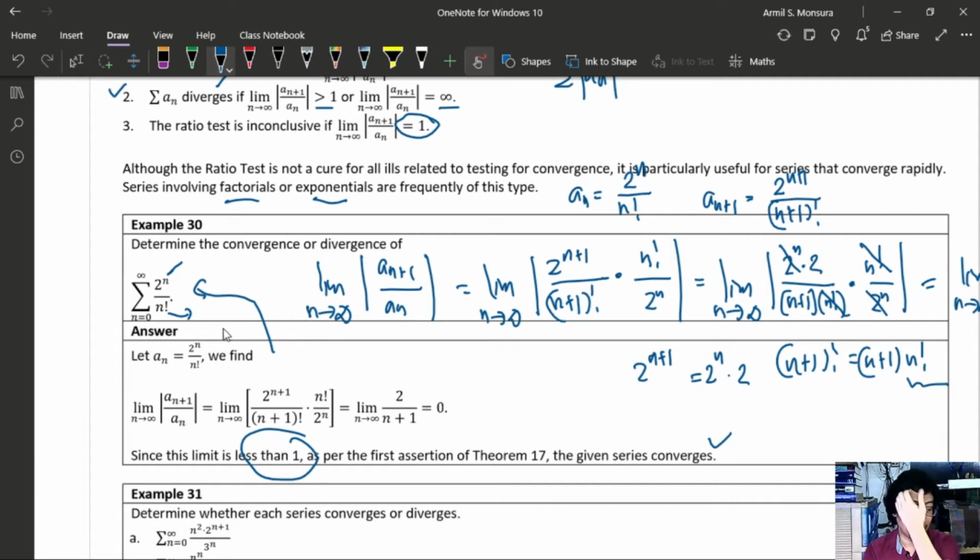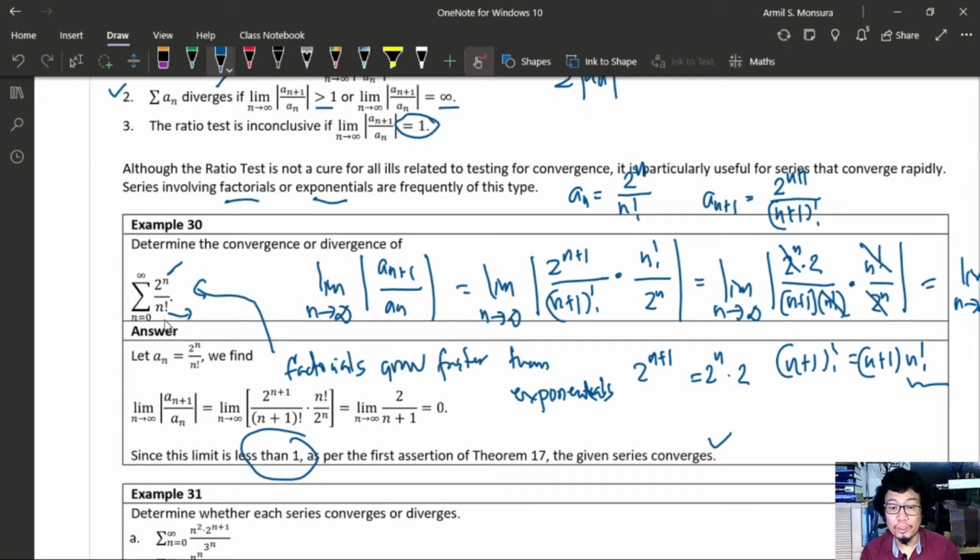If you can go back to lesson 4.2 and 4.3 somewhere there, we were able to find that a series such as this actually converges. And our proof that this series converges is because of the fact that factorials grow faster than exponentials.